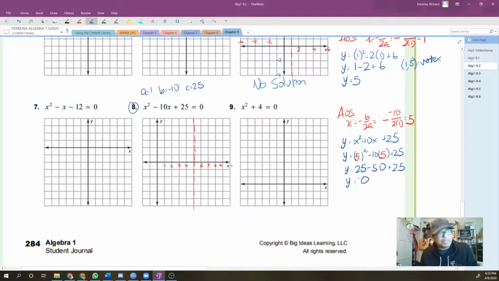Isn't that amazing? 0. Okay, here is my vertex at 5, 0. Next, I know you know what's coming next. It's the y-intercept. The y-intercept is 25. I notice that I don't have 25 lines on my graph vertically, so I'm going to space everything out by 5s.